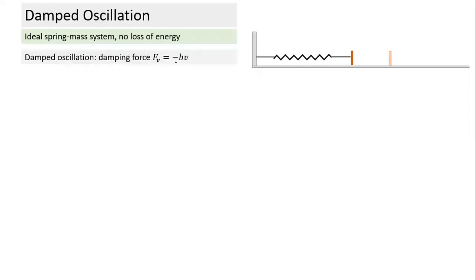The negative sign indicates that the force acts opposite to the direction of velocity, similar to frictional force. When the object moves towards the right, the force acts towards the left, and vice versa. The force is proportional to velocity, so when it moves slower, the damping force is less, and when it moves faster, the damping force is more.